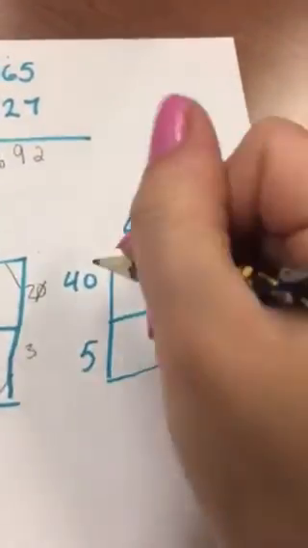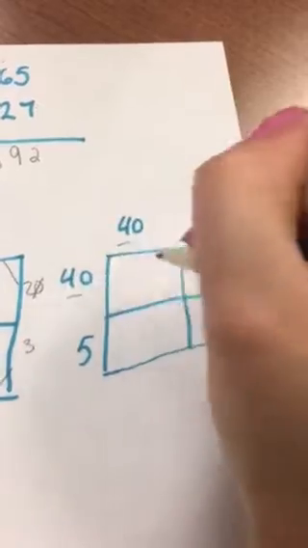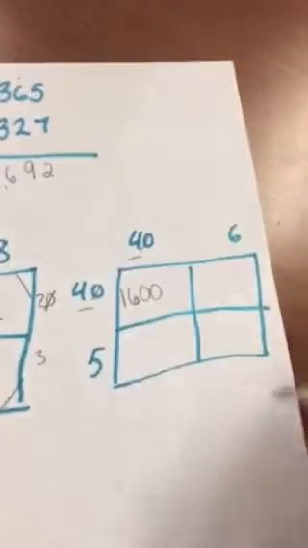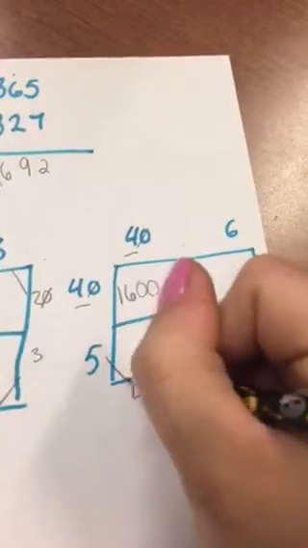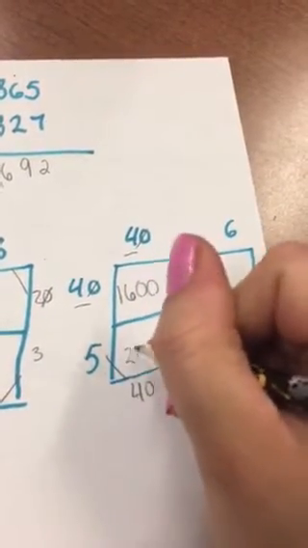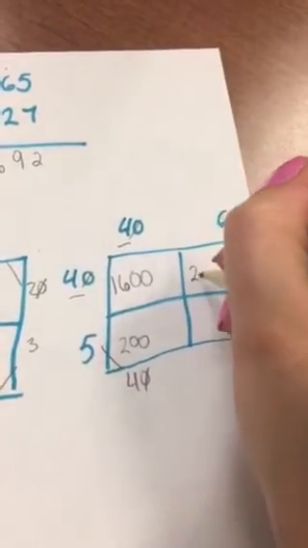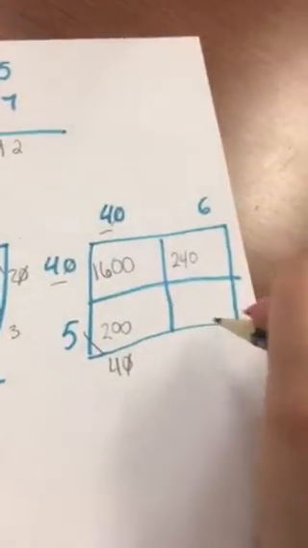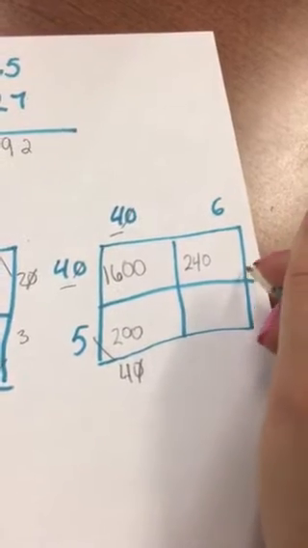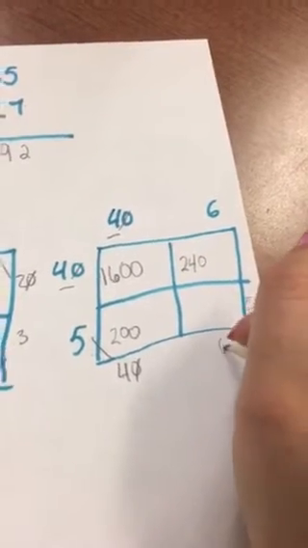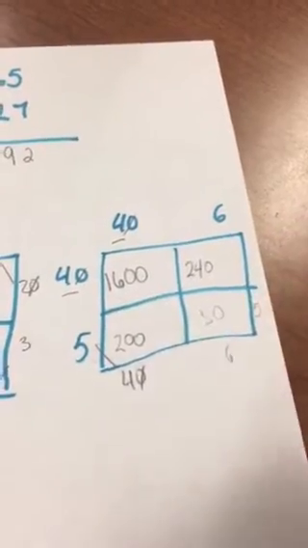Let's hope this one is. So I have 40 times 40. I know 4 times 4 is 16, and 2 zeros gives me 1,600. I know 5 times 4 is 20, plus 1 zero is 200. 6 times 4 is 24, plus 1 zero is 240. And 5 times 6 is 30. No zeros to add.